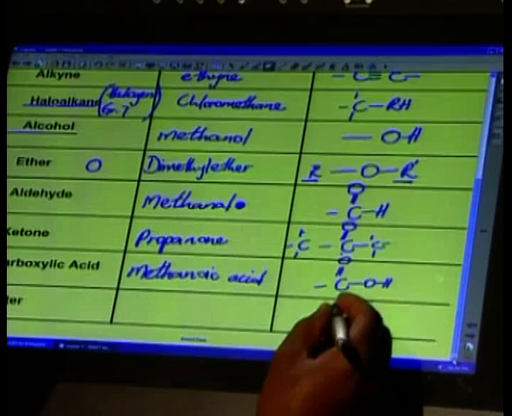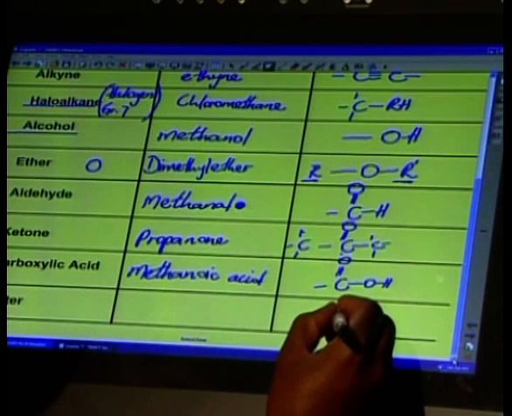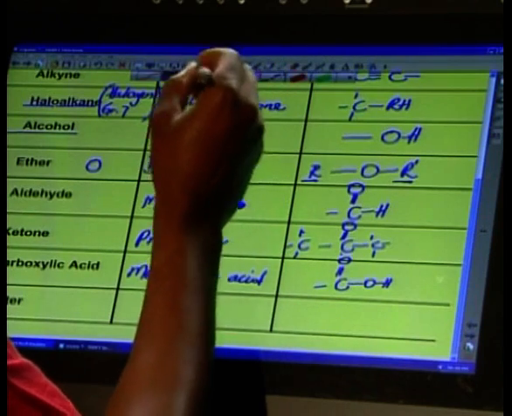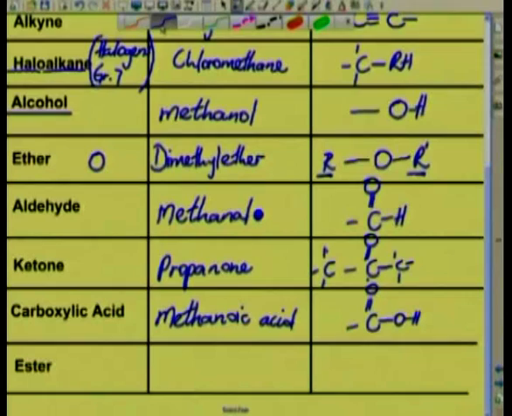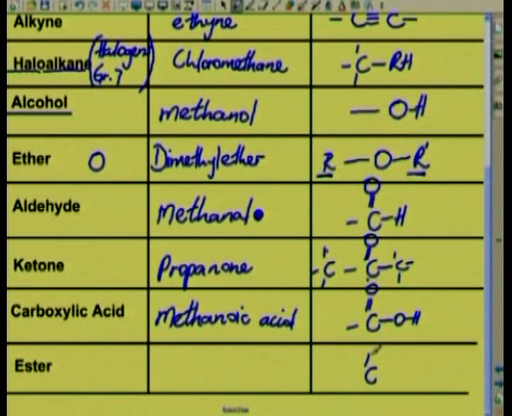Now lastly, let's talk about esters. Now what is the functional group of the esters? Again, we have esters having a carbonyl group. Now look carefully how the carbonyl group works for esters. We have the carbonyl group, so C double bonded to oxygen, bonded to another oxygen, and a bond there, nothing attached, no hydrogen attached to that. And we can have something, of course, bonded to that side there.